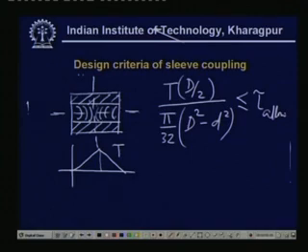So this is how we calculate the stresses in a slip coupling.